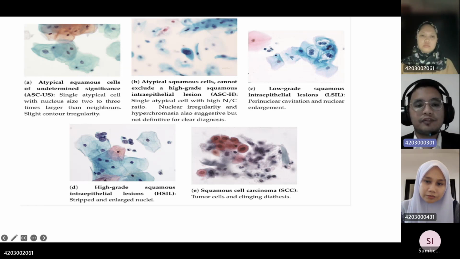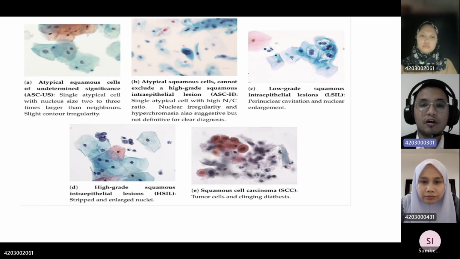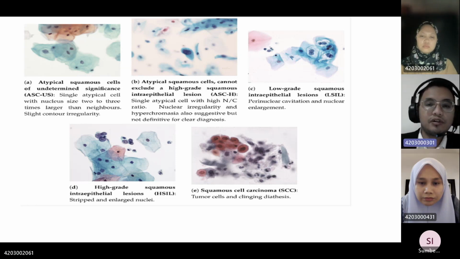ASCUS refers to the presence of squamous cells that show slight abnormalities, but the changes do not meet the criteria for a definitive diagnosis of LSIL or HSIL. ASCUS can have various causes, including benign conditions, inflammation, or HPV infection.